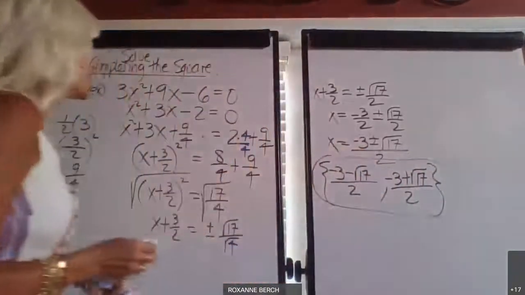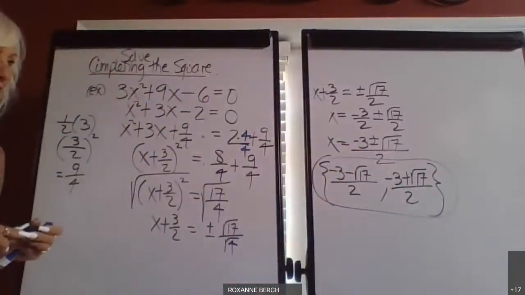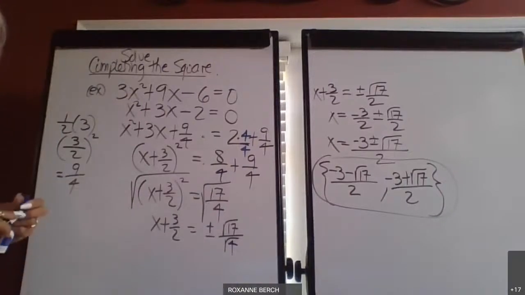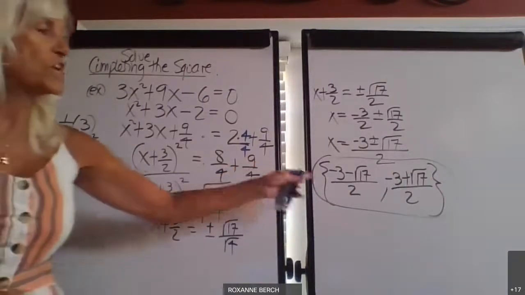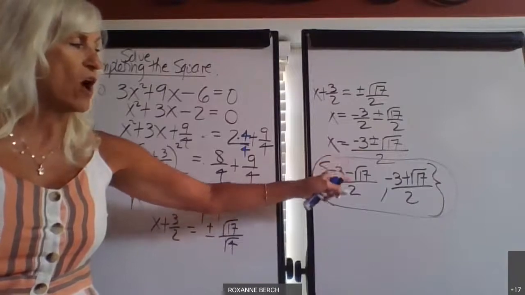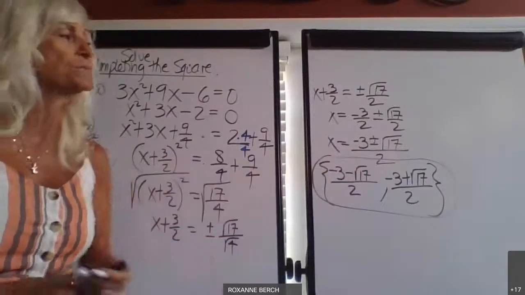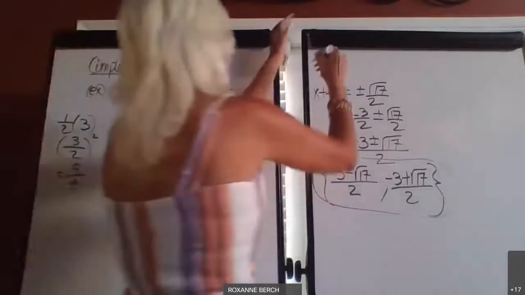And let me just tell you, when I see those radicals, that means we couldn't factor this. And you should know that all radicals and all imaginaries come in pairs. So let's make a note of that.